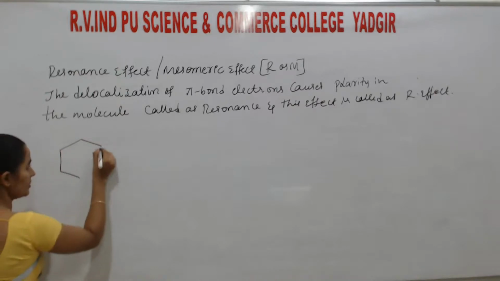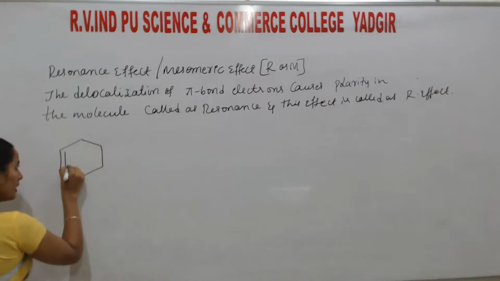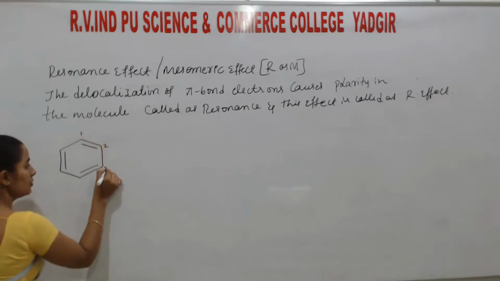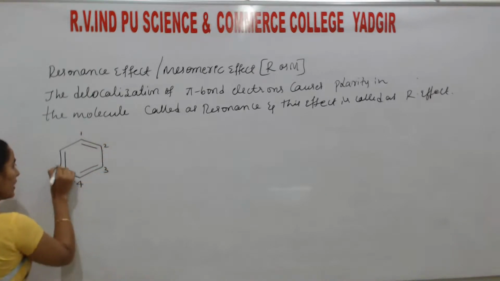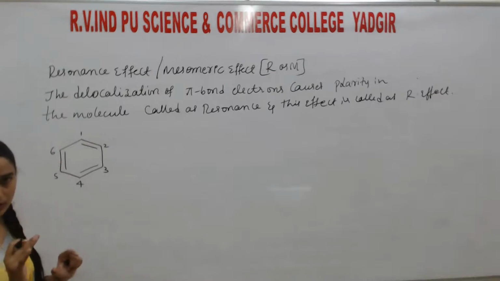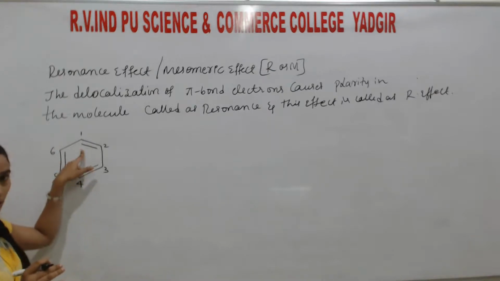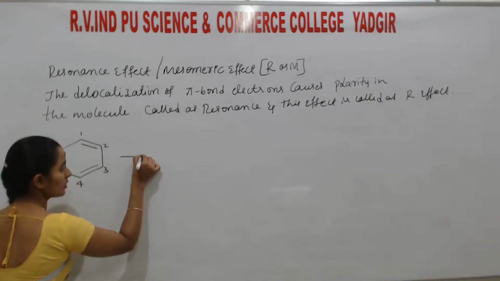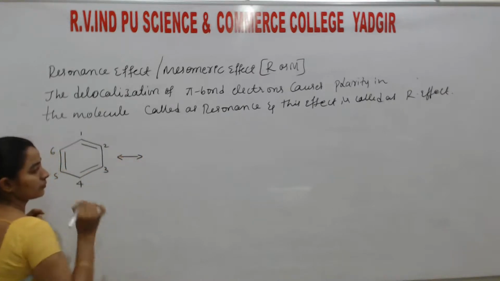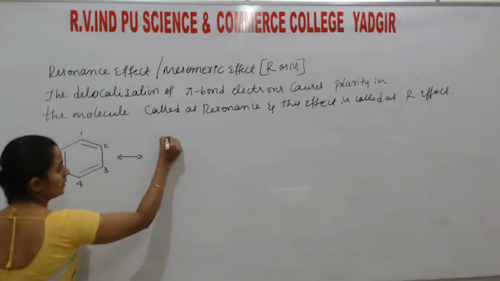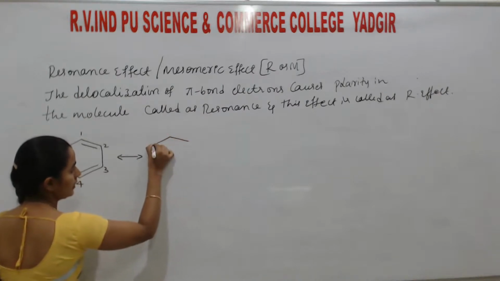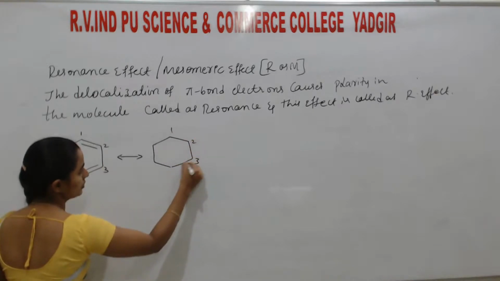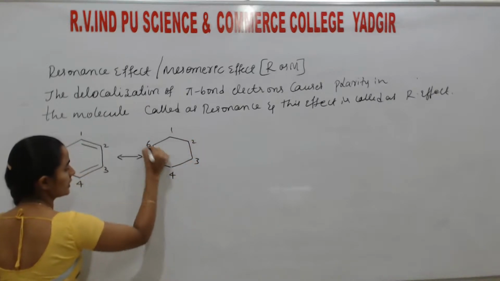So this is a benzene with pi electrons. I'll number the atoms 1, 2, 3, 4, 5, 6 for our convenience. Here the pi bonds are in between these. Listen, if I take the resonance structure, I'll take the benzene ring again, 1, 2, 3, 4, 5, 6.